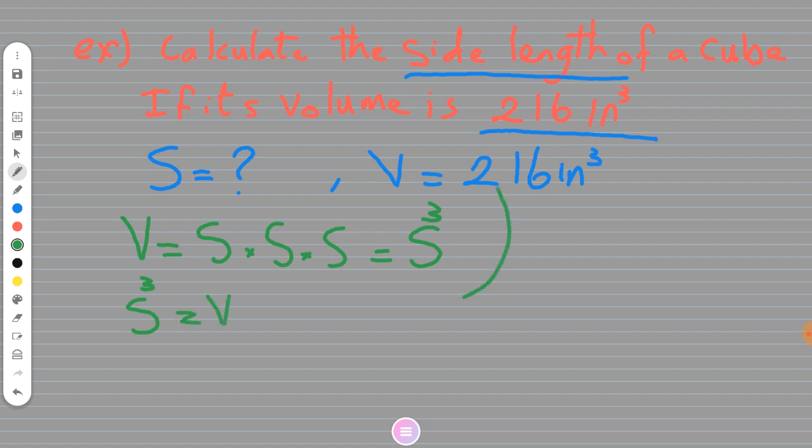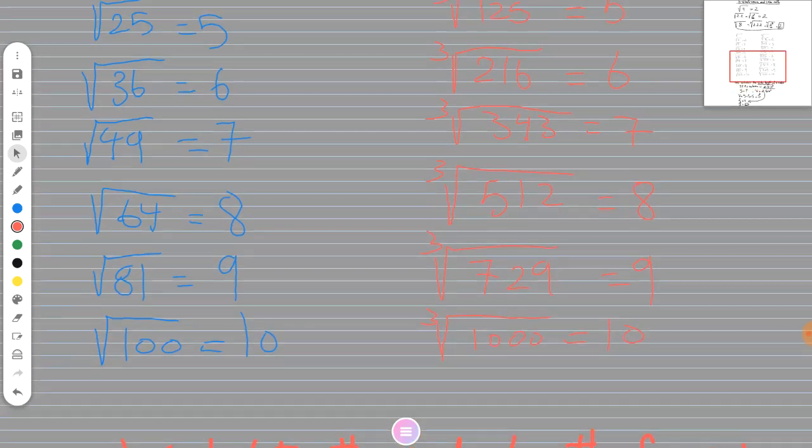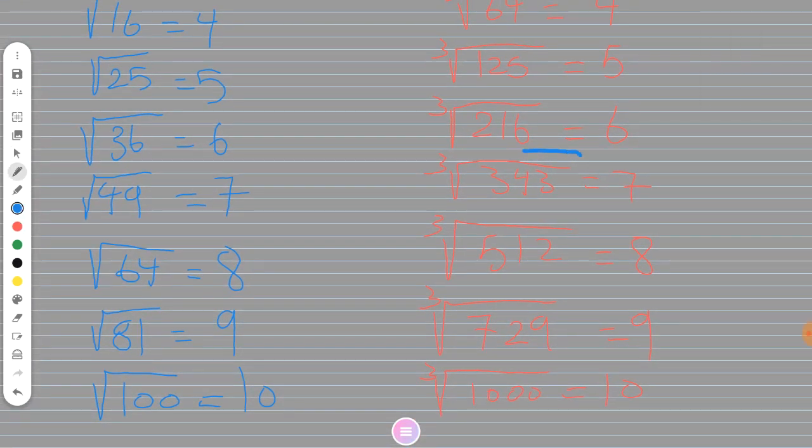By substituting the volume here, we have side length to the power 3 equals 216. Does the number 216 make any sense to you? Let's remember it together from the perfect squares and perfect cubes. Where is 216? Yes, it's there. 216 is a perfect cube, and the cube root of 216 is 6.